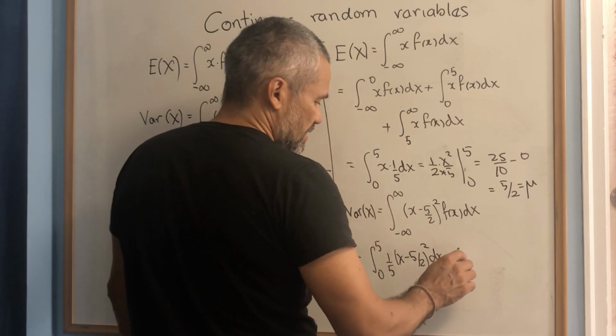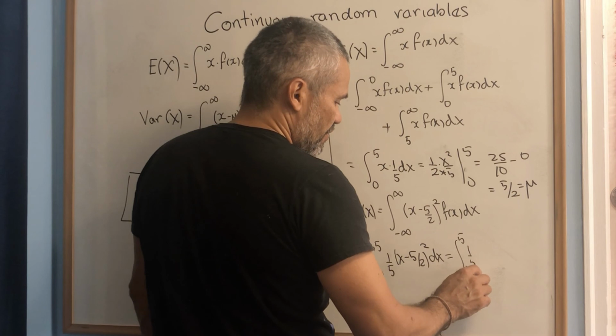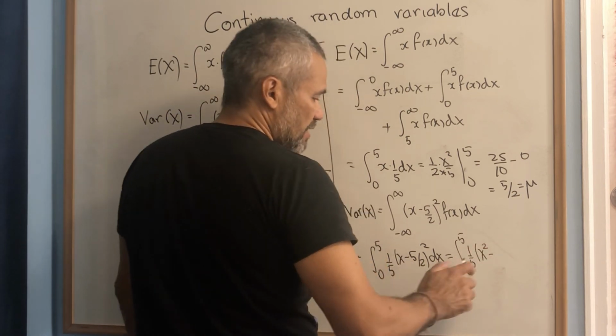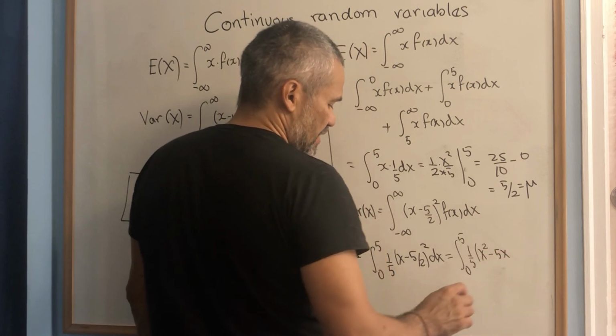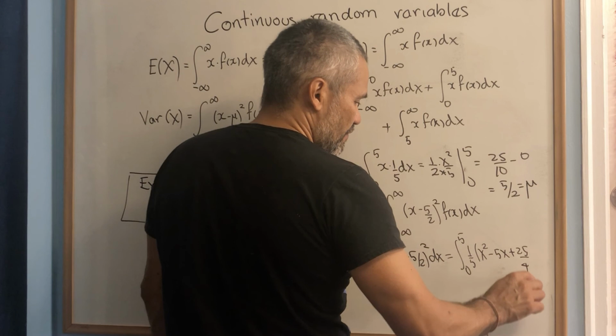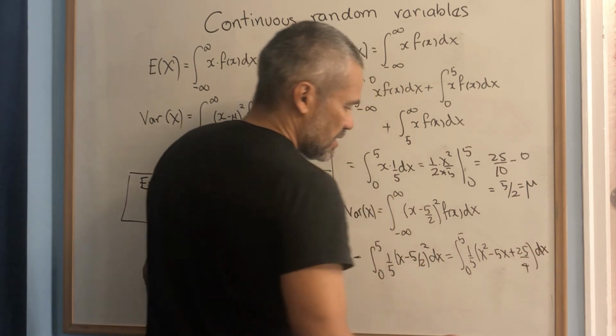This is the integral from 0 to 5 of 1/5 times x squared minus 5x plus 25/4 dx.